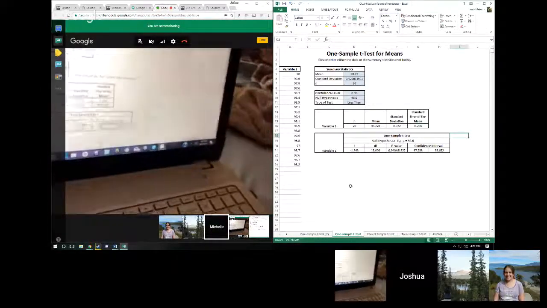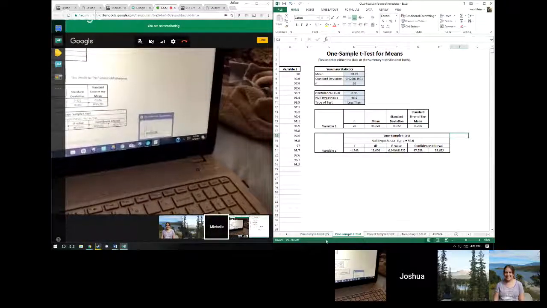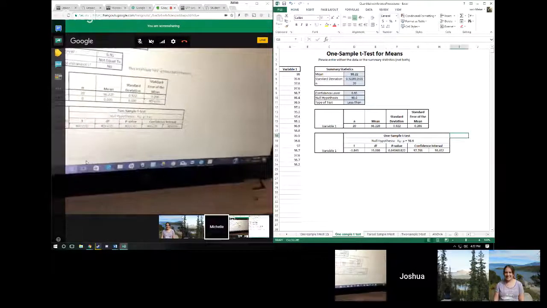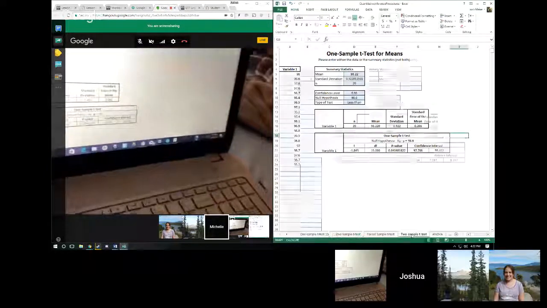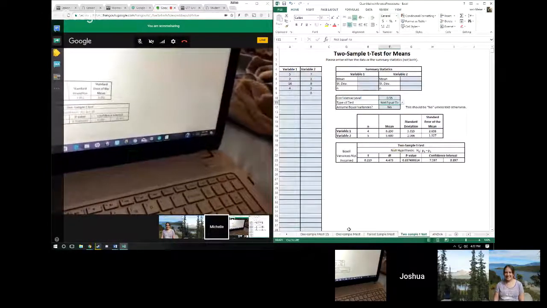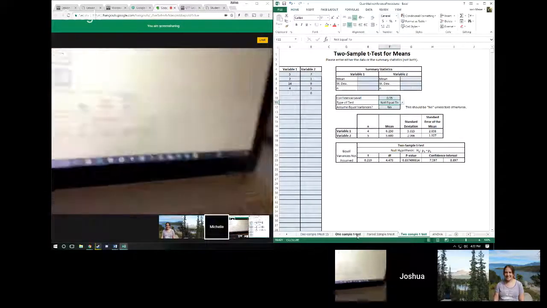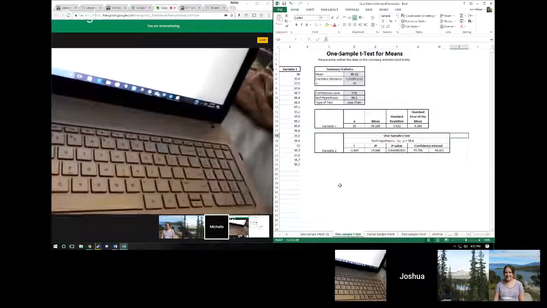So on the very bottom, you should have some tabs of your Excel sheet. Make sure you're choosing the 1 sample t-test. I think it doesn't really matter as long as you don't have variables in variable 2, but everything we're doing for this lesson is going to be under 1 sample t-test.